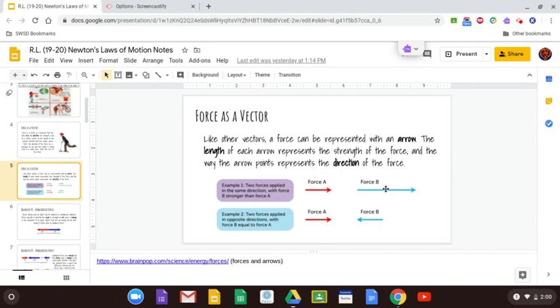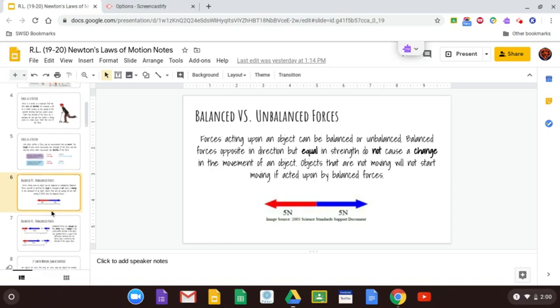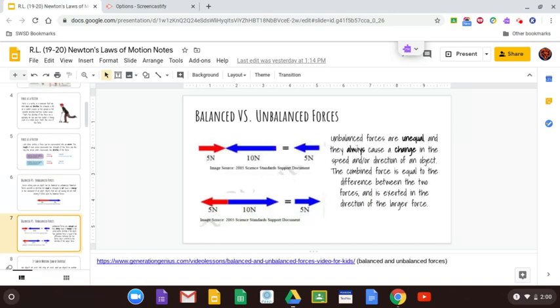The larger the arrow, the stronger the force. The arrow also points in the direction that it goes in. A balanced force is equal in strength, but it does not cause a change in motion. An unbalanced force is unequal in strength, and it will cause a change in motion.